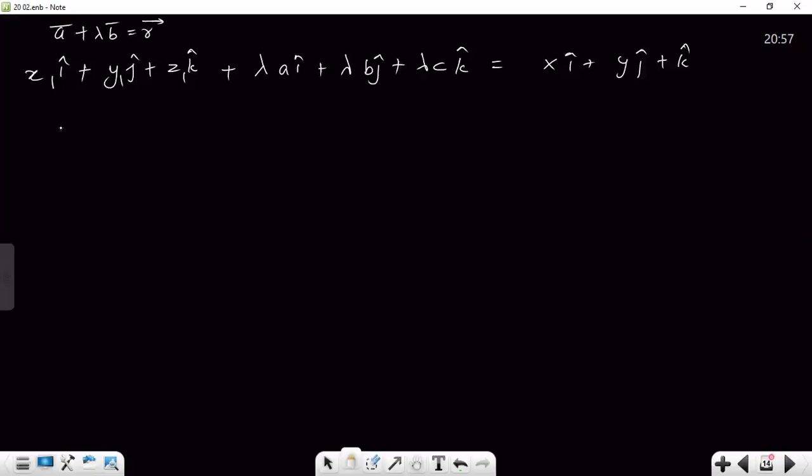Taking common i cap, that becomes x1 plus lambda a.